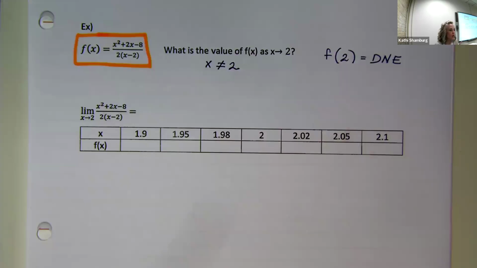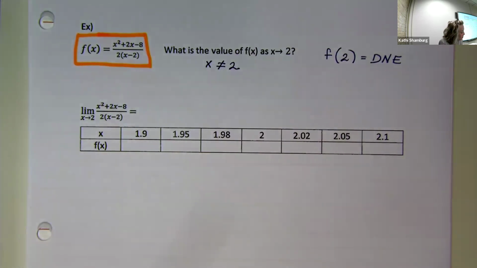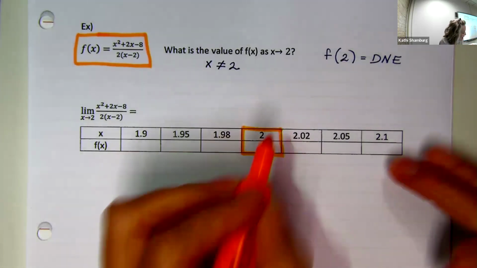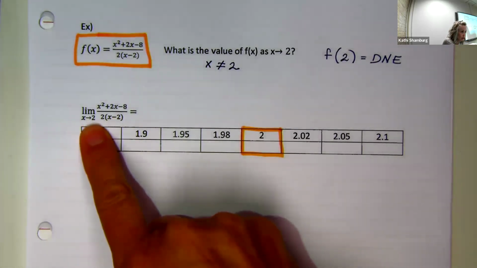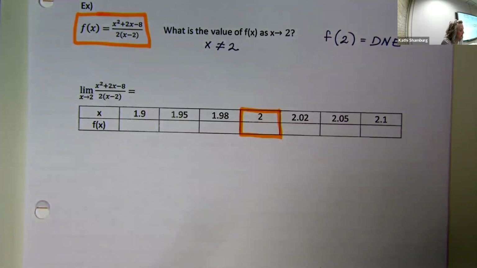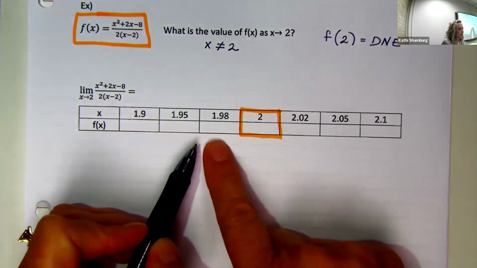All right, so now we're going to look at the limit. The limit is a different question. It wants to know the behavior of what's going on as it approaches from the left or right. So now we're looking at that same equation, but now x approaches 2. I would have your expectations that you could plug these numbers in, but I'm going to give you the outputs to save some time.